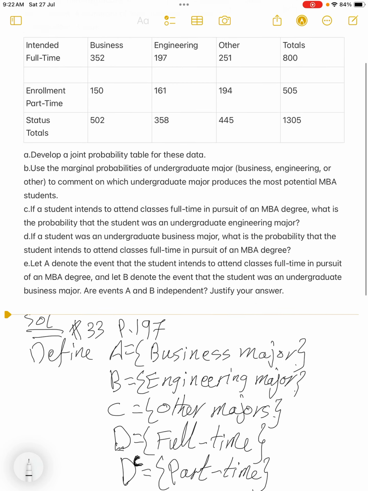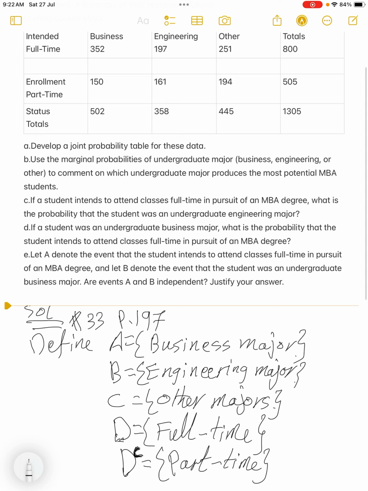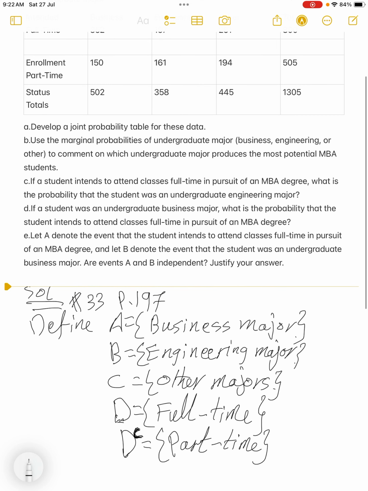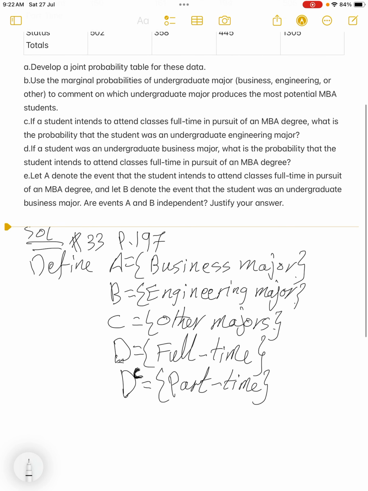You will ask me, why didn't you put A and A complement? You can put A and A complement if I have two majors, business and engineering, suppose. But here you have three majors. This is why I cannot put a complement.